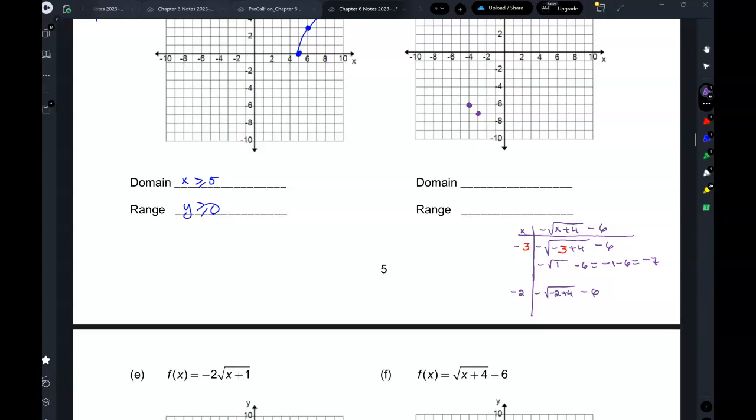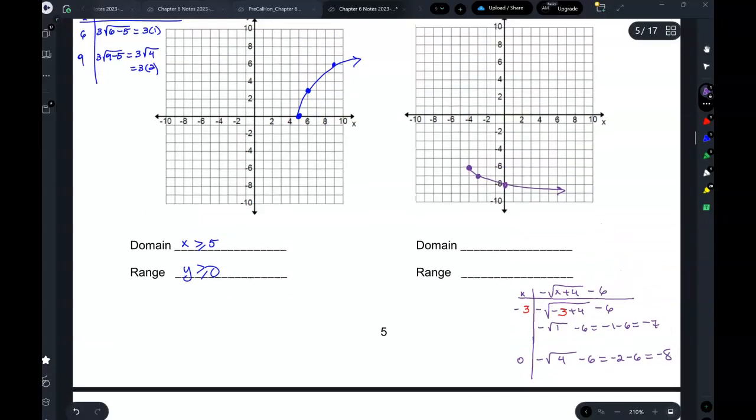Does negative 2 work? No. How about 0? Does 0 work? So that's negative 2 minus 6, negative 8. And that looks like that.